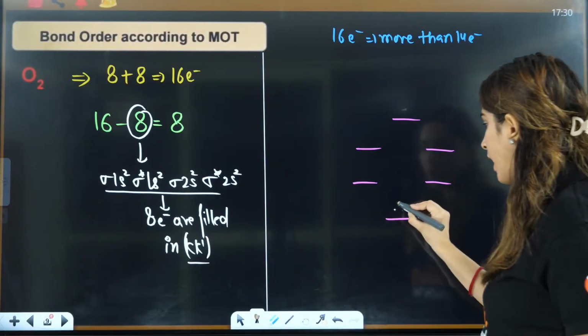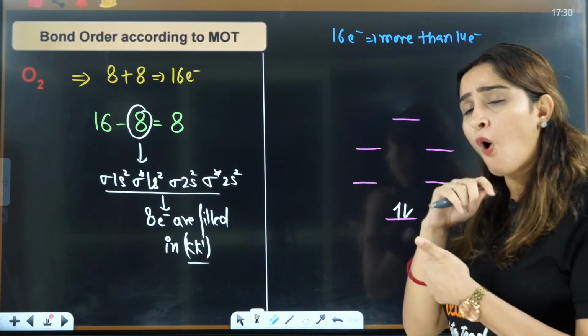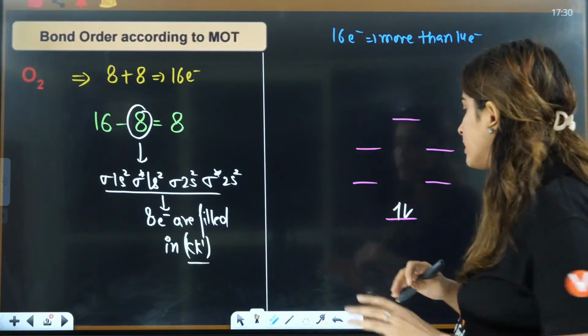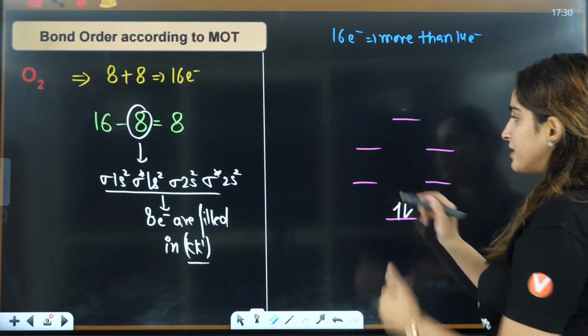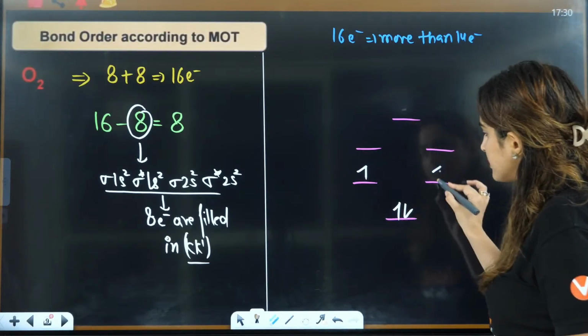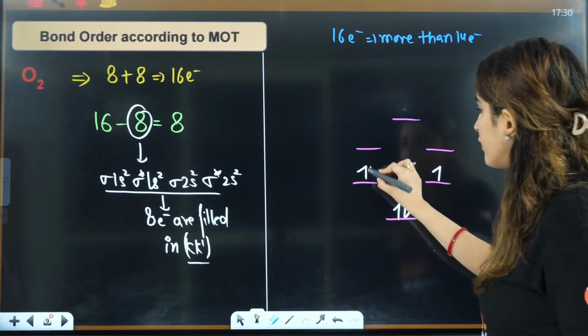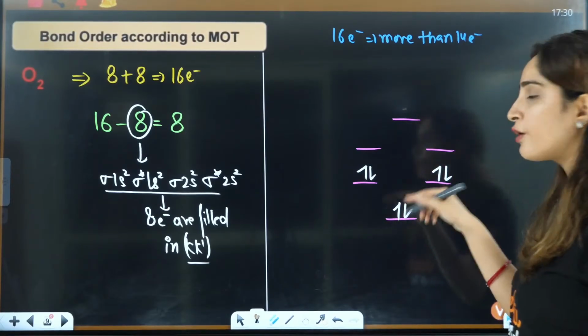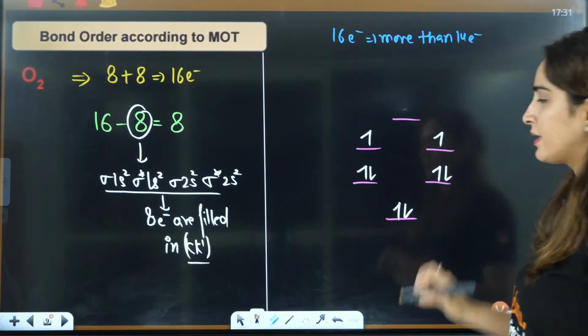So it will be 1, 2. Now Pauli's, Hund's, all the principles will be applied here. Degenerate orbitals are singly filled first, then you fill further electrons. So till now you have filled 6 electrons. 2 more electrons, 1 and 1.